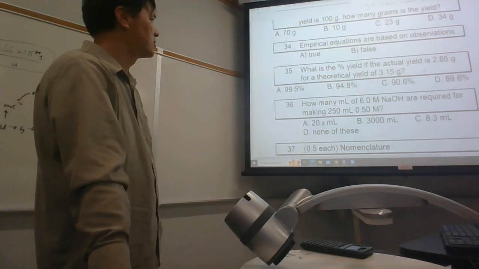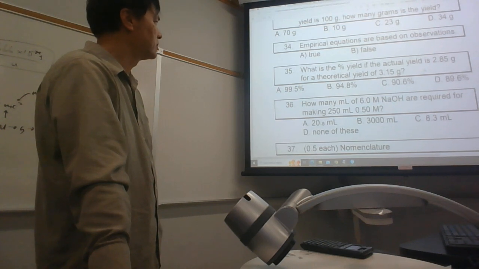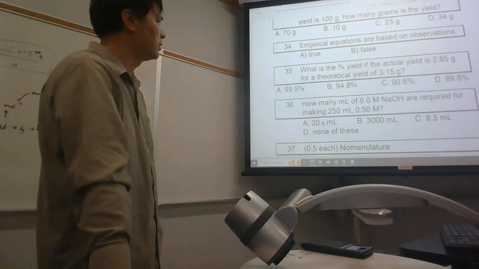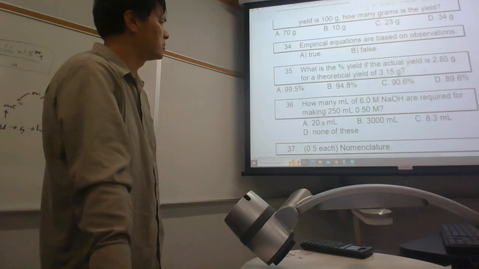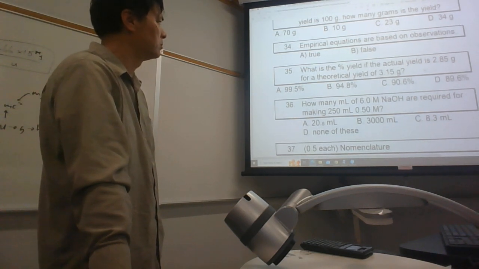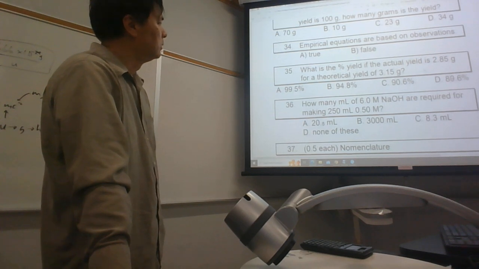So 90.6 would be the only answer that would be closest to that. I would double check my calculation, but it's a pretty simple calculation. Sometimes if it's within a tenth of a percent or something like that, sometimes it's due to rounding, but this one shouldn't have been.